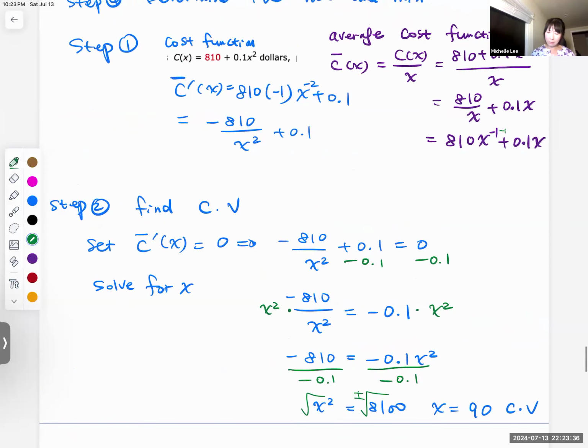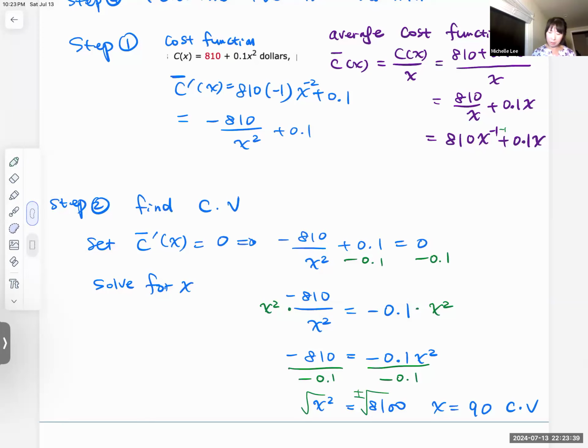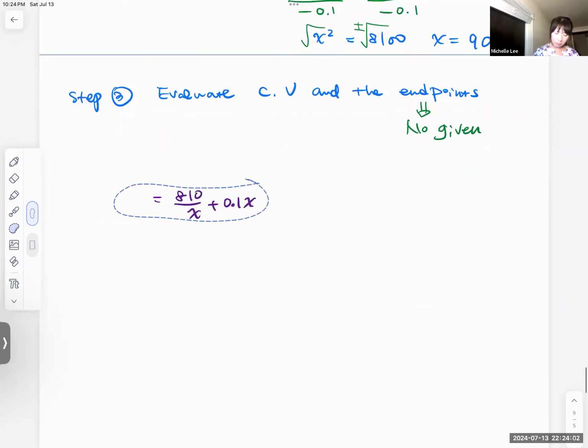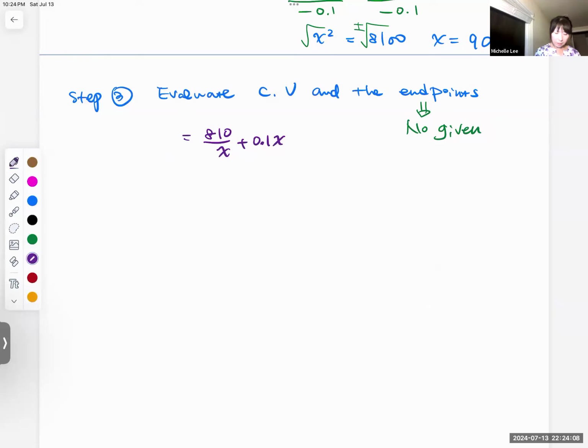Then we need the average cost function. I need to copy this one. That's for the derivative. Okay. So that is the average cost function.